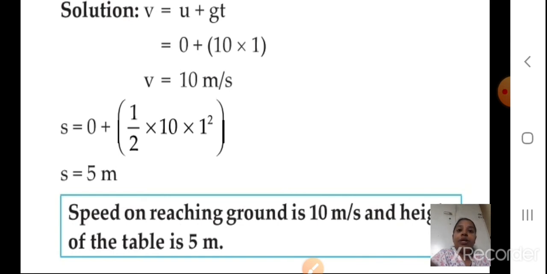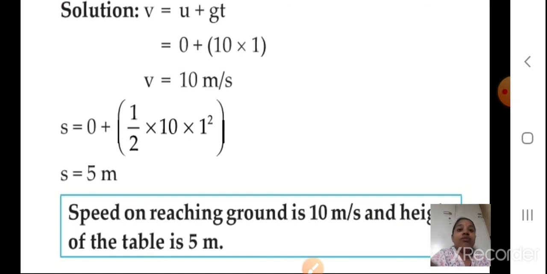Why? Because here in gravitation we are considering the gravitational acceleration, that is g. The g value can be positive or negative. In the D sum we saw that we have taken it as negative, because the object was thrown upwards, which means it was opposite to the direction of the gravitational force.